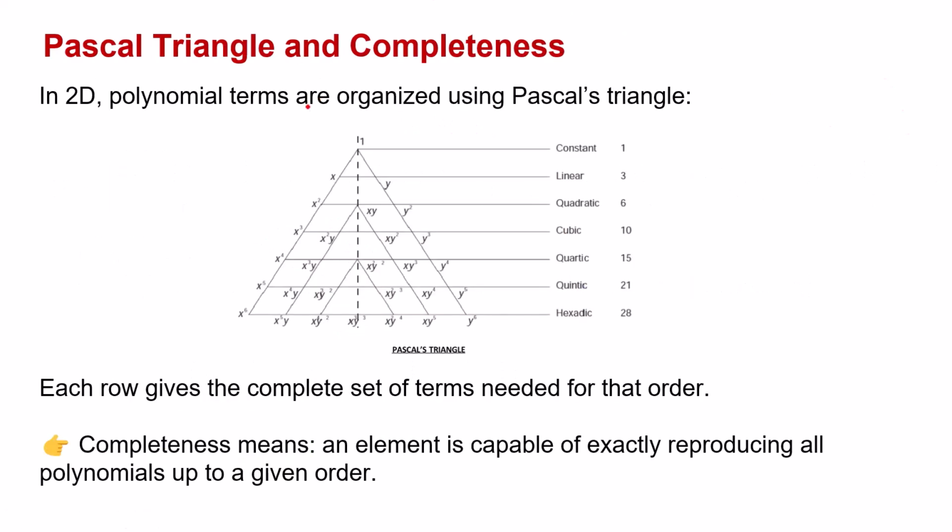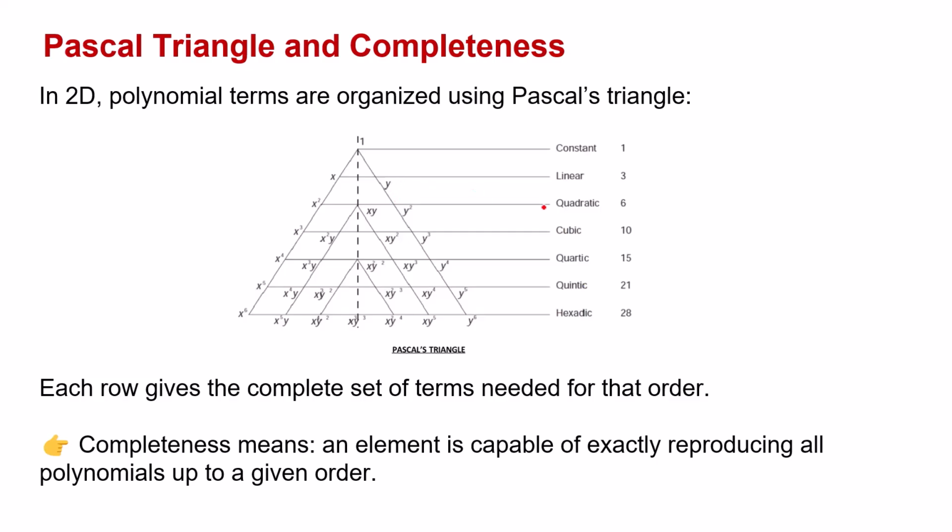To understand completeness more systematically, we use Pascal's triangle. In 2 dimensions, polynomial terms can be organized by order using Pascal's triangle, as shown here. Each row of the triangle represents the complete set of polynomial terms needed to describe a displacement field of a given order.